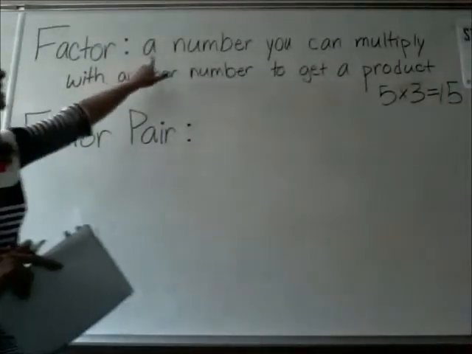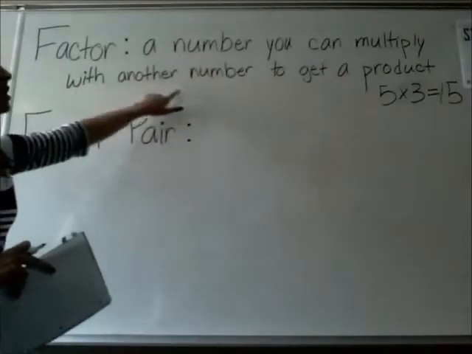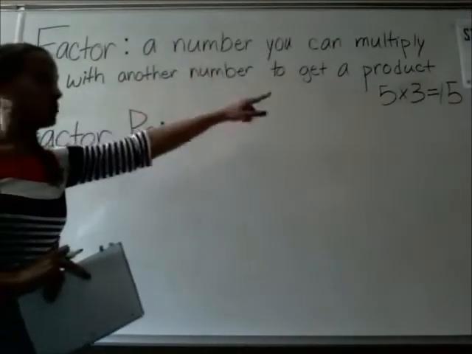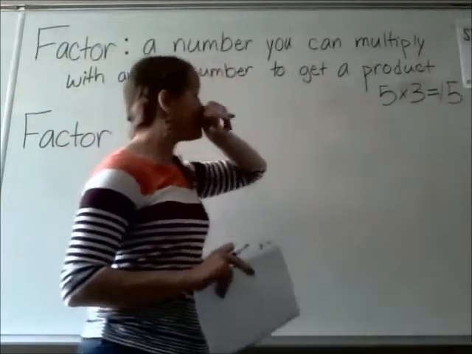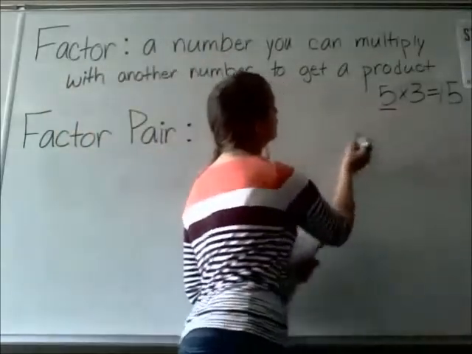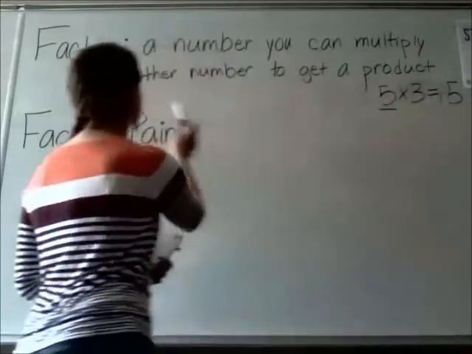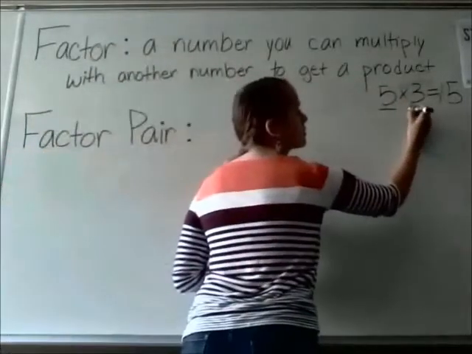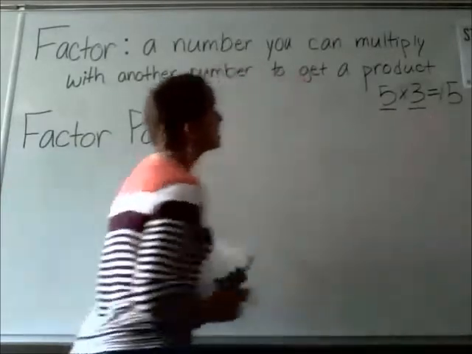So a factor is a number, singular, you can multiply with another number, also singular, to get a product. If we look at our multiplication problem, a number, singular, 5, you can multiply with another number, 3, to get a product, which was 15.